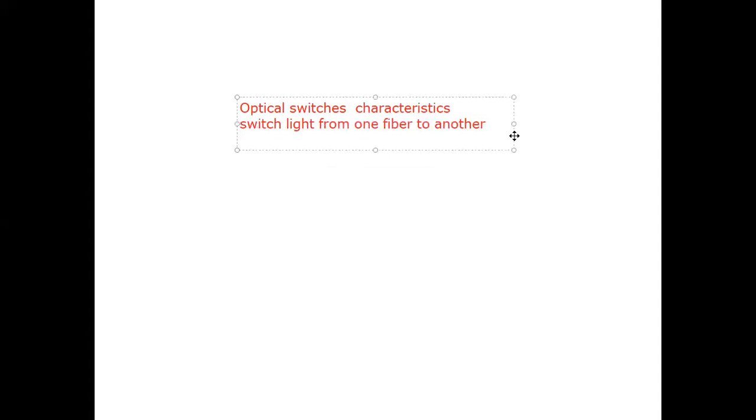Then Saurabh, I think, has written in the chat, no loss. Yes, no loss means what? No loss of signal, or the switch should have no loss? Saurabh has written no loss. So can you elaborate? What does no loss mean?